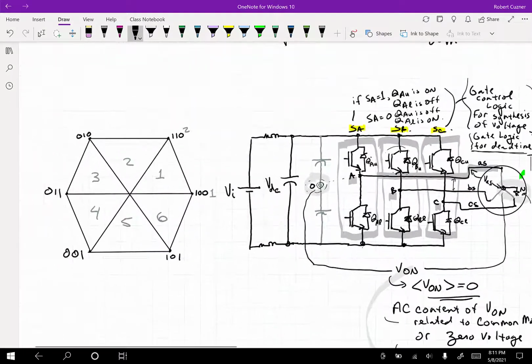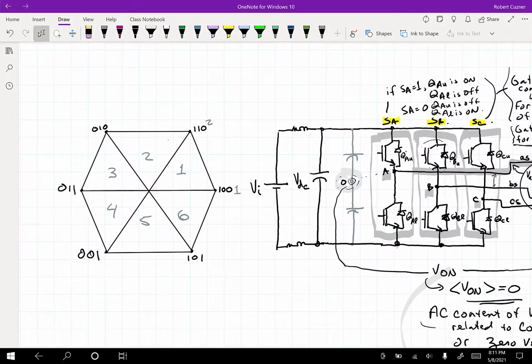We also talked about how these switch states of S, A, B, C can be represented in this hexagonal form here. And we talked about how you can think of how this was created.